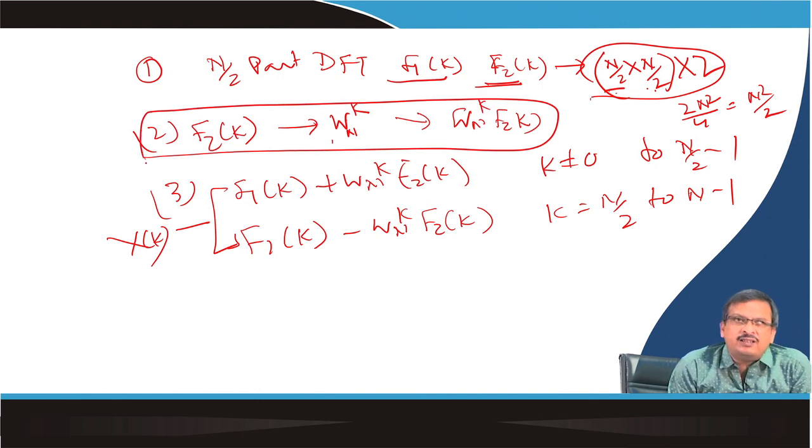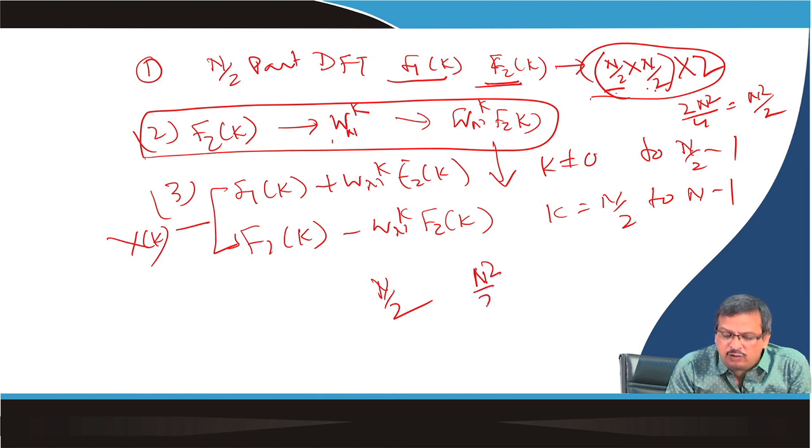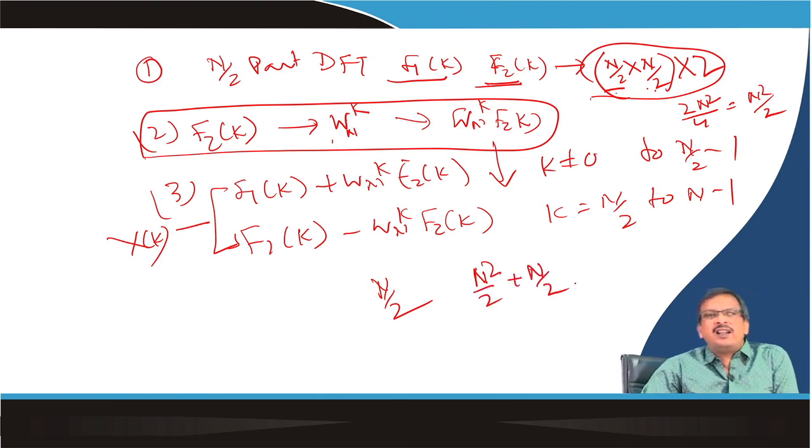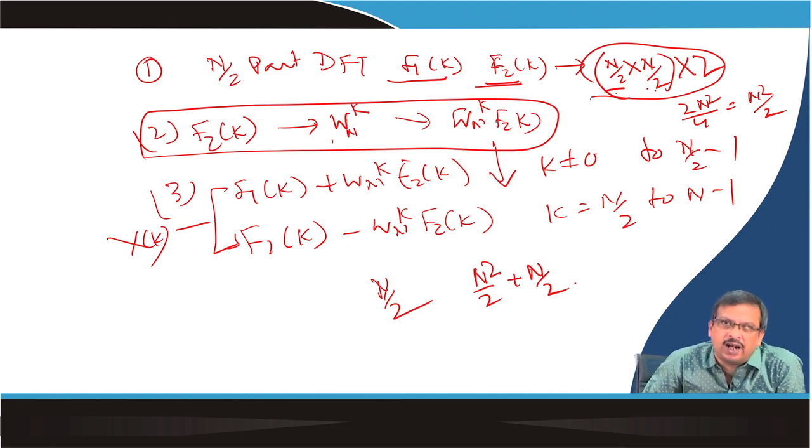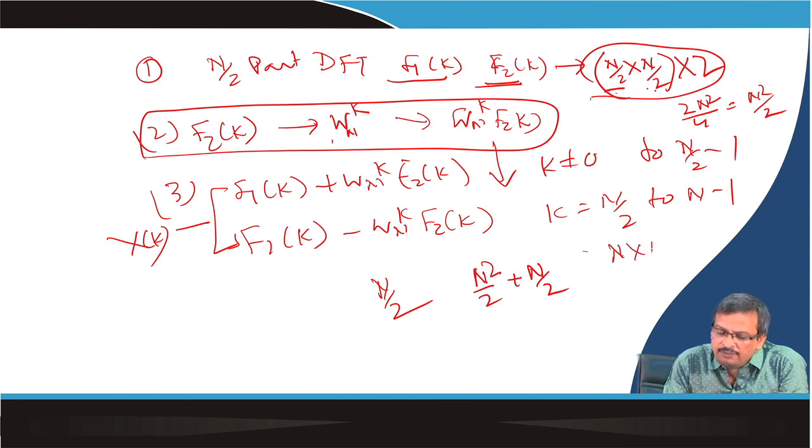The number of multiplications is n by 2. So, total multiplication is n square by 2 plus n by 2, instead of n into n.